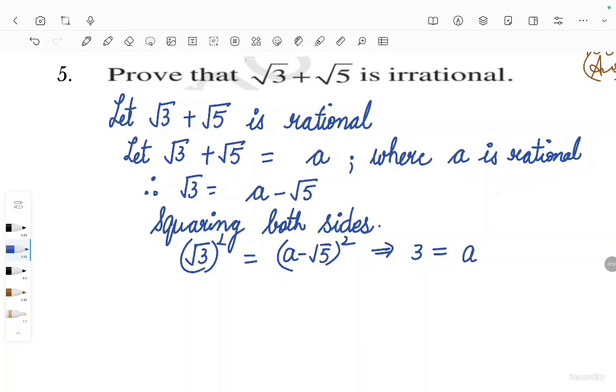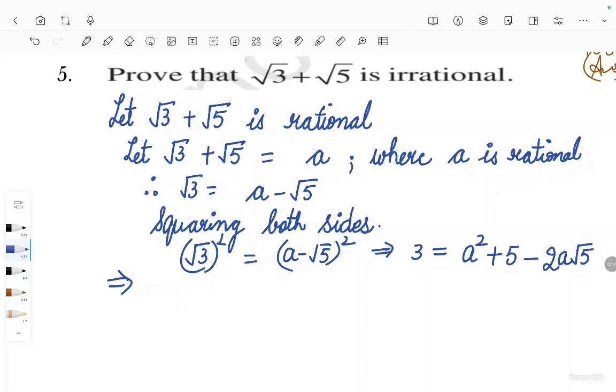A minus b whole square, you know, is a square plus b square minus 2ab.